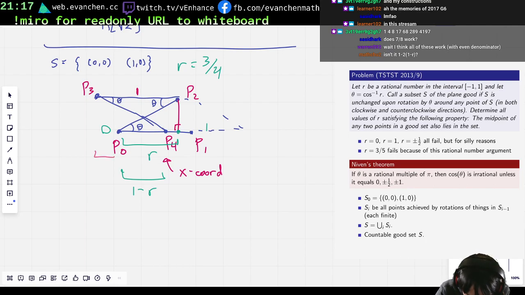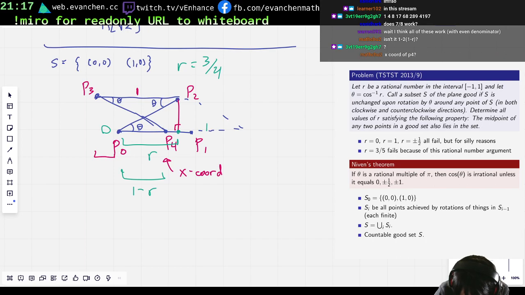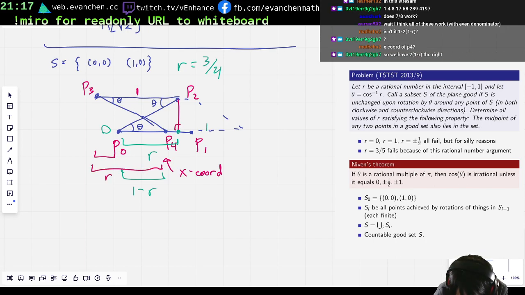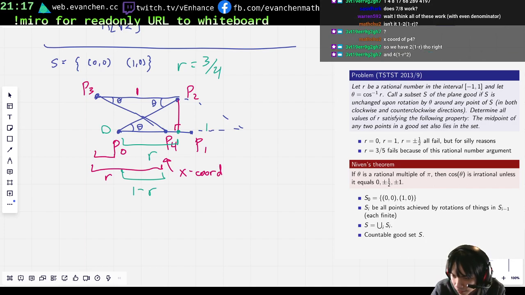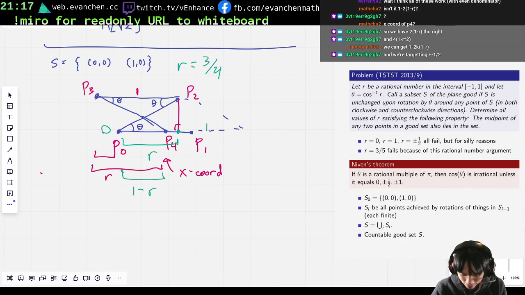Okay, like this segment here. So this is R. Yeah, okay, let me work this out carefully, because if I mess up this calculation, I'm not going to get a correct solution.